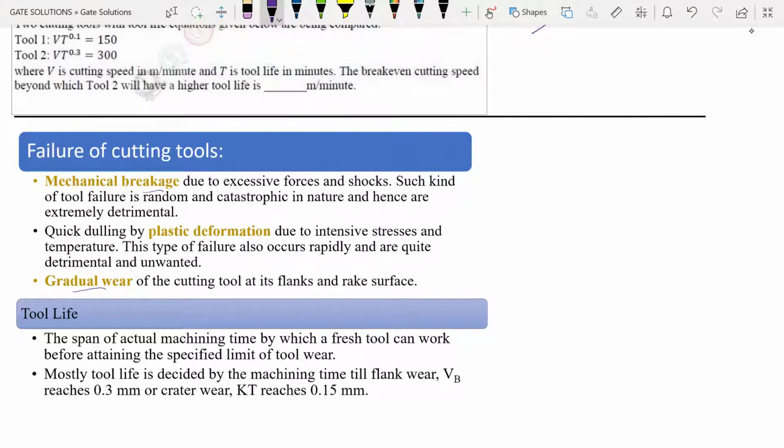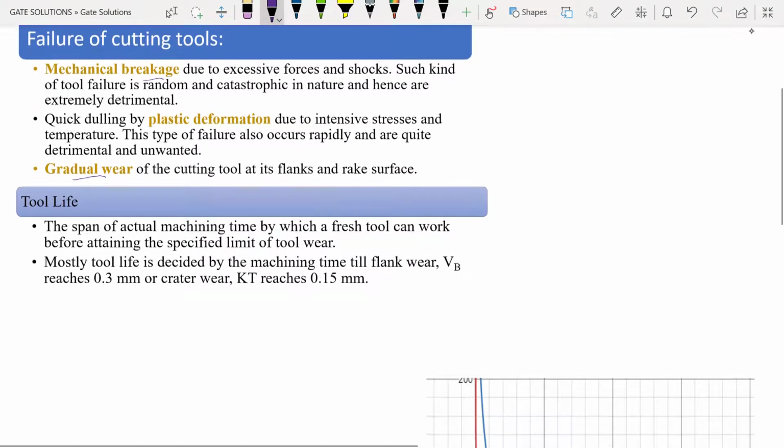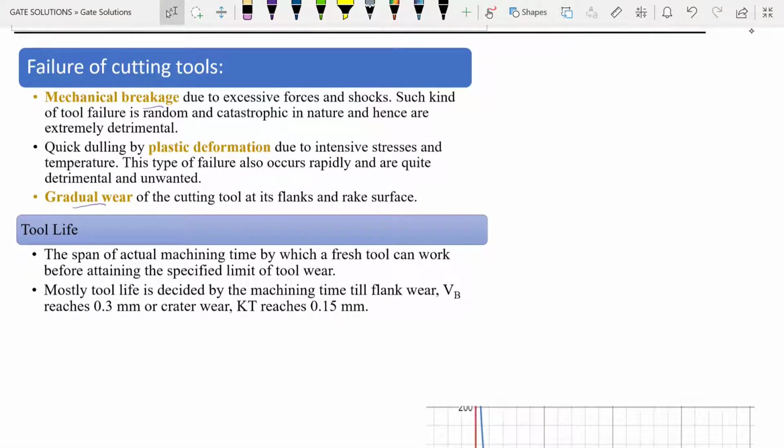To calculate the tool life, there are certain parameters we need to measure. Generally, the tool life is the maximum time a fresh tool can work before attaining the specified limit of tool wear.